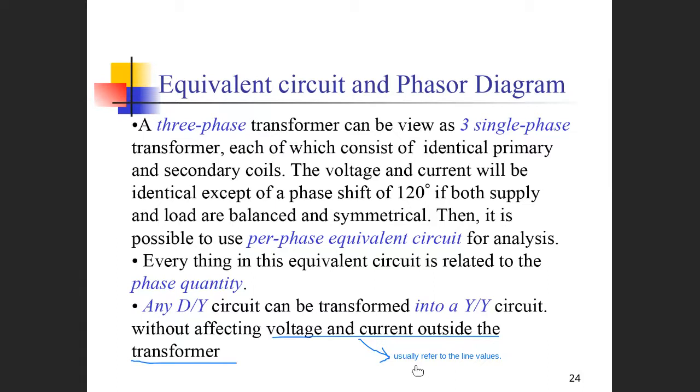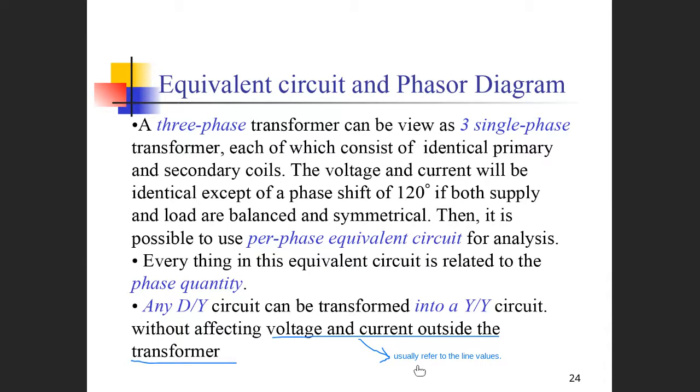For a three-phase transformer, we use the line values rather than the phase values to describe the transformer in practice. So if the line values, the transformer voltages and currents, are the same, then we say these transformers are equivalent.